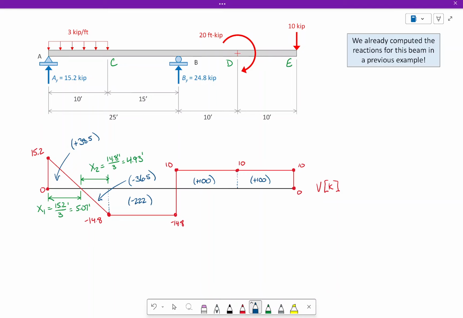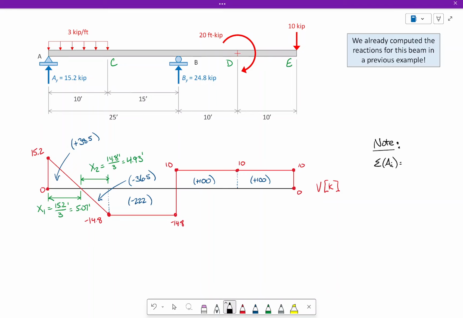Okay. All right. Now, before we start going into the moment diagram, I do want to make a point. What happens when we sum up our areas? Let's sum up these areas.